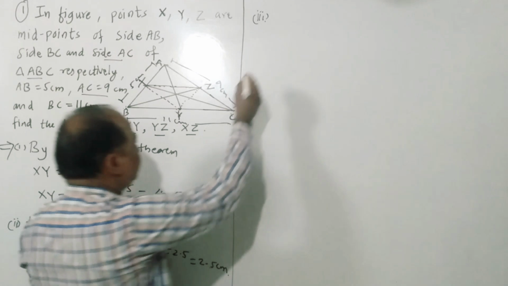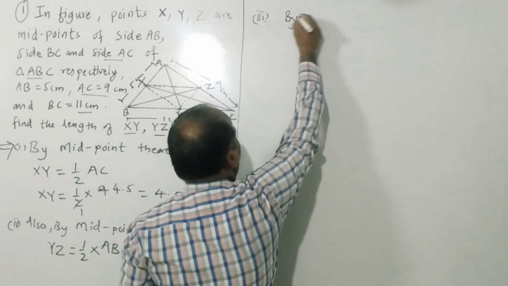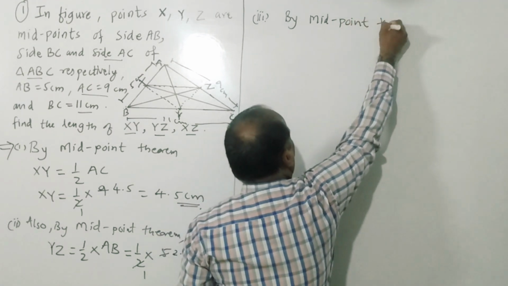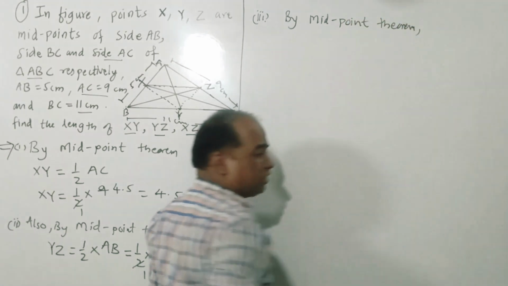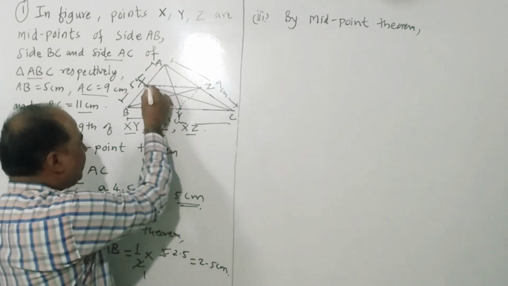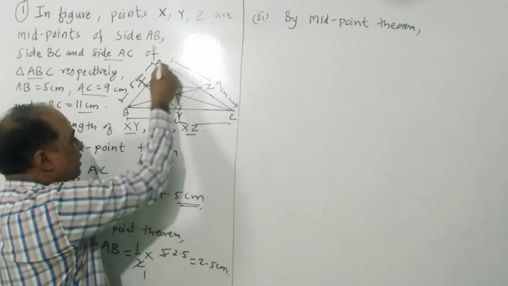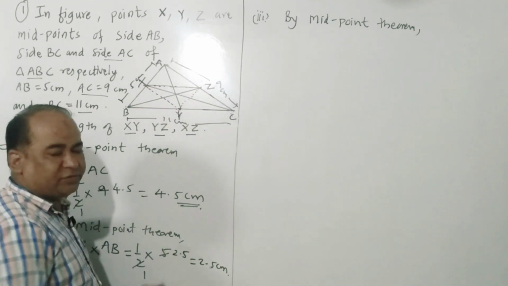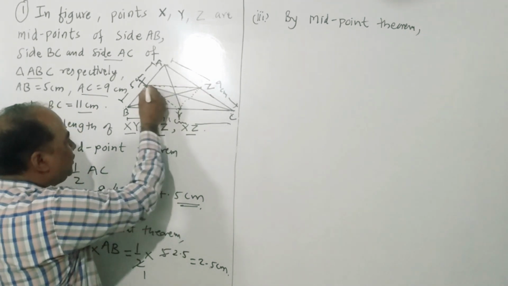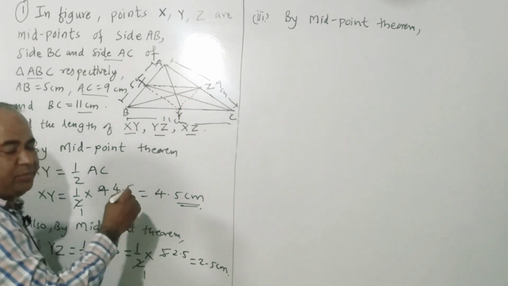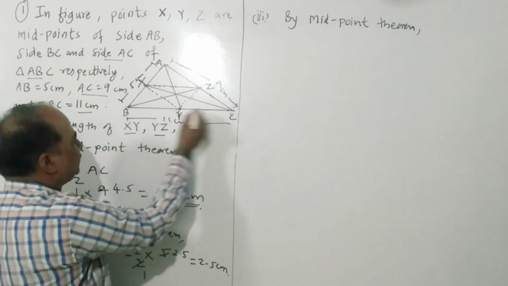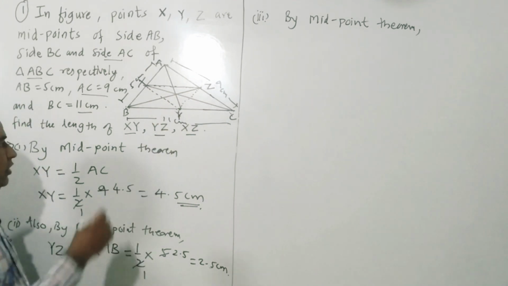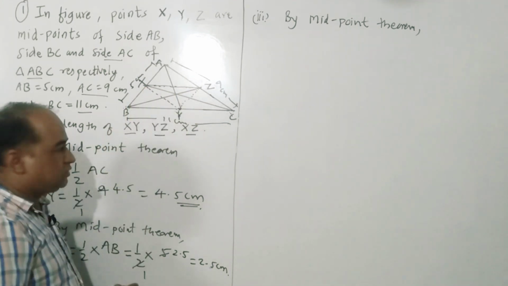So by the midpoint theorem, a segment joining the midpoints of two sides of the triangle has length half the length of the side parallel to it.